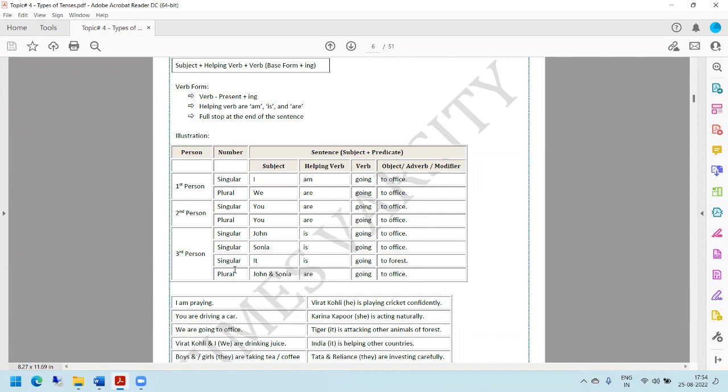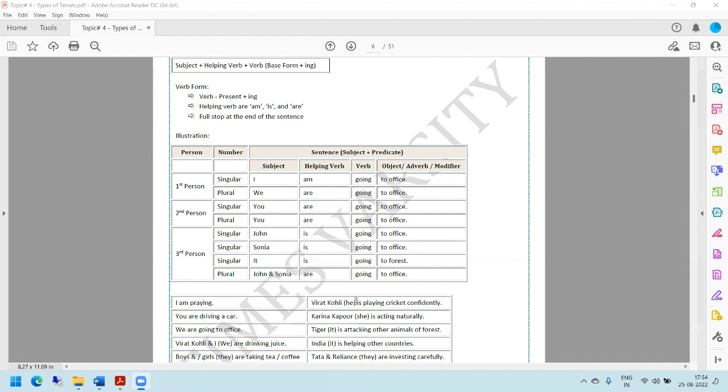For second person you, are. For third person plural, are. For third person singular, is. And for first person singular, am is the helping verb. But you can see that for all these pronouns, the ing form of the verb is used.